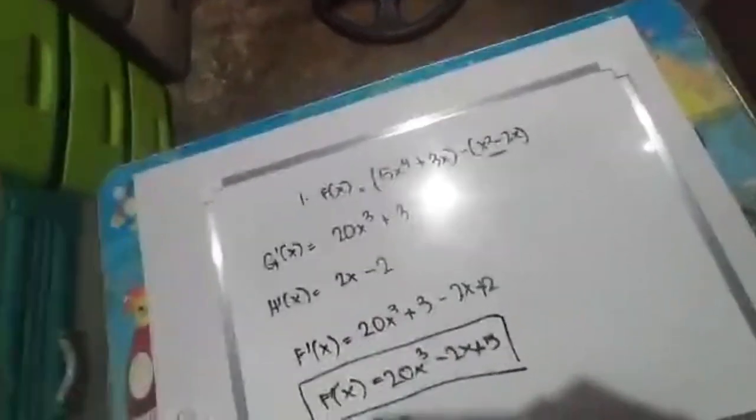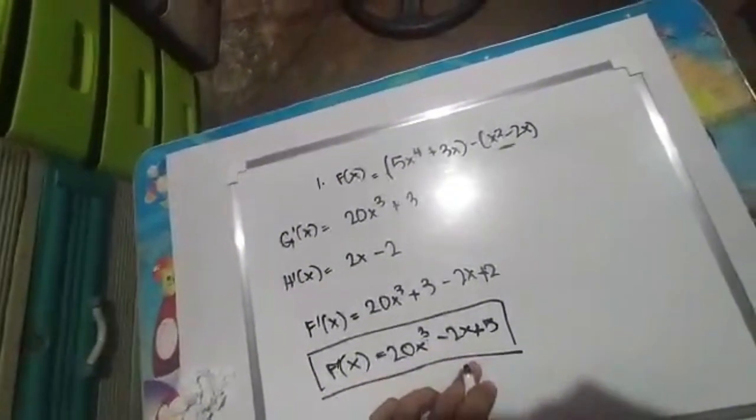F prime of x is equal to 20x cubed minus 2x plus 5.